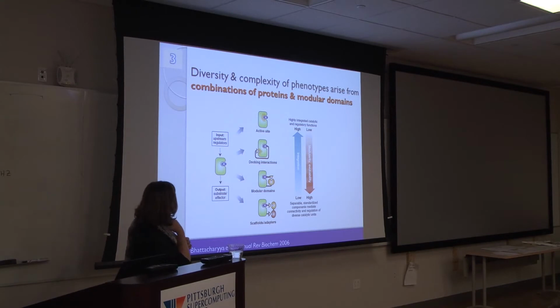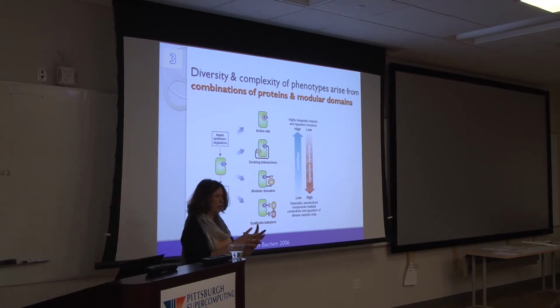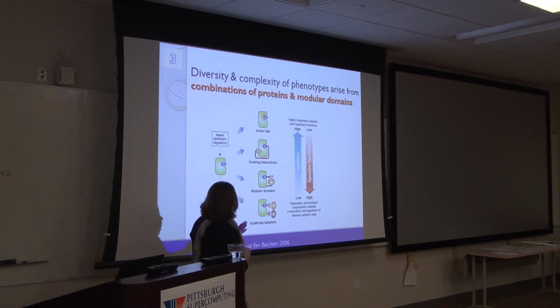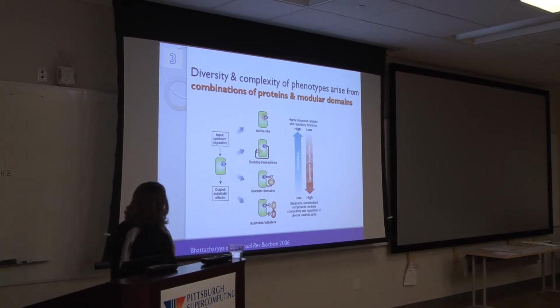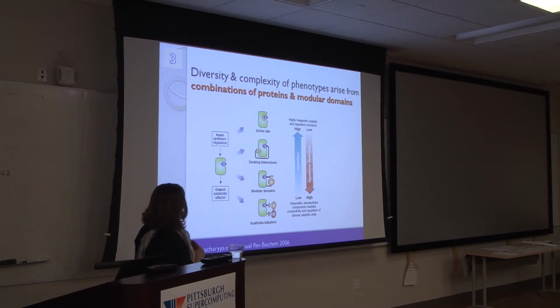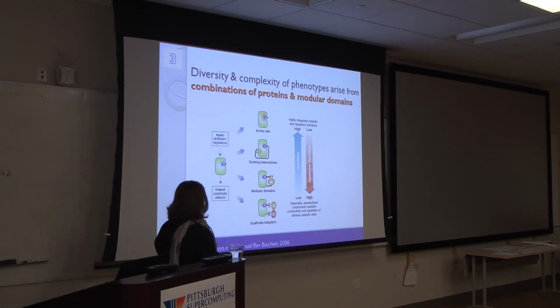When you have instead a highly integrated, very integrated small system, which is what happens with smaller, simpler organisms, you have less flexibility, less diversity in the type of interactions.